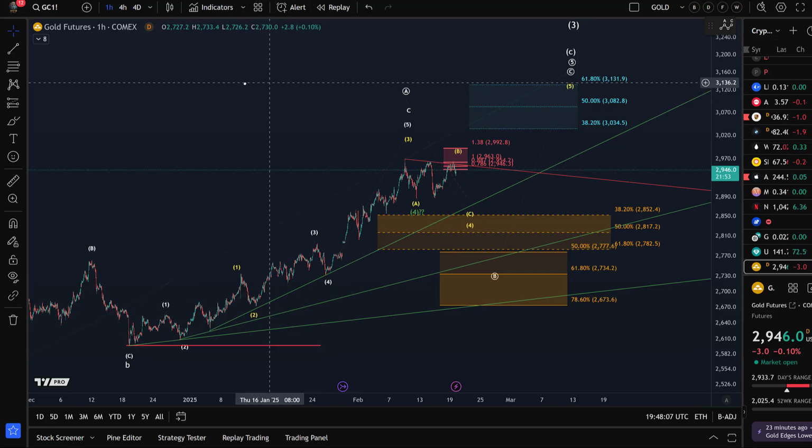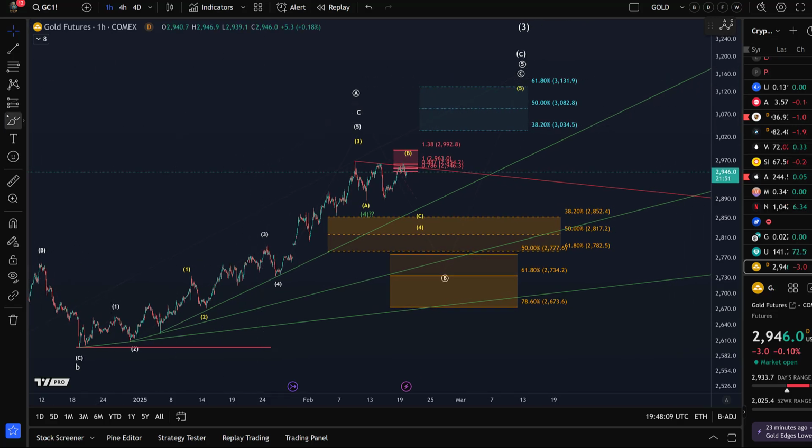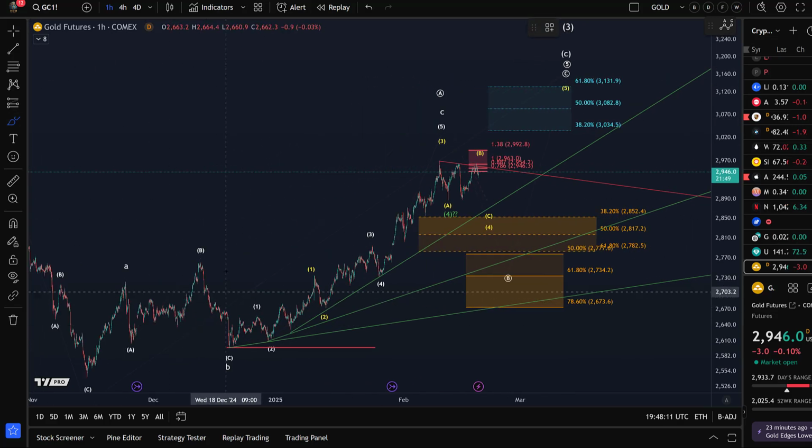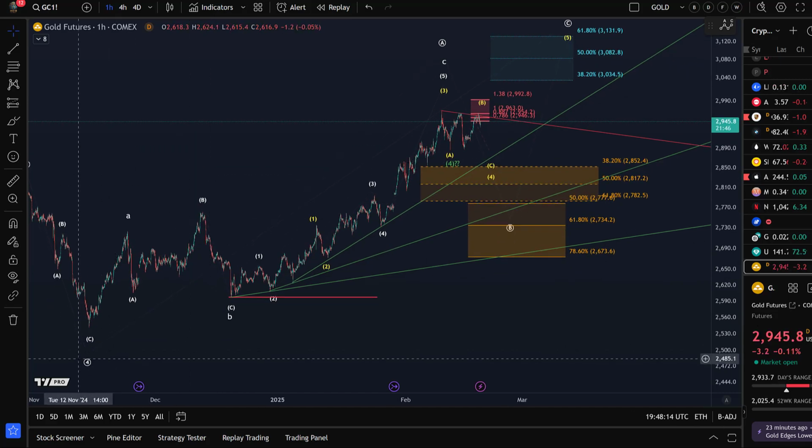So again, we've got two scenarios here that we're tracking. In both, first of all, we are bullish overall, but the question is, how deep is the pullback going to be?